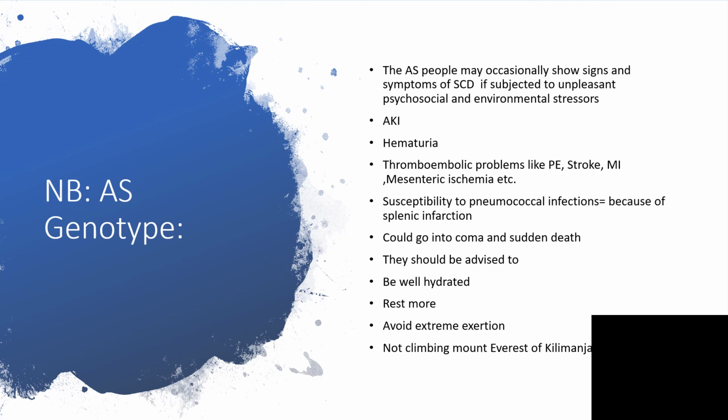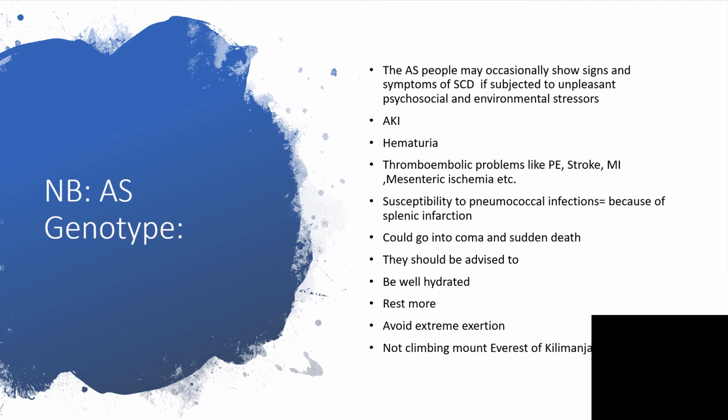But when circumstances in life are unpleasant and they are under pressure, or physically under pressure or stress, or because of the nature of their job, they will come down with signs and symptoms similar to those experienced by sickle cell disease patients.